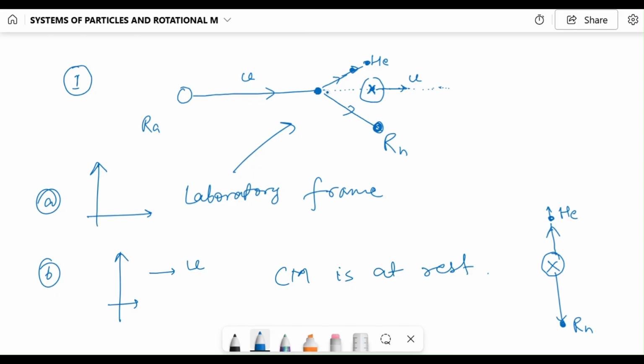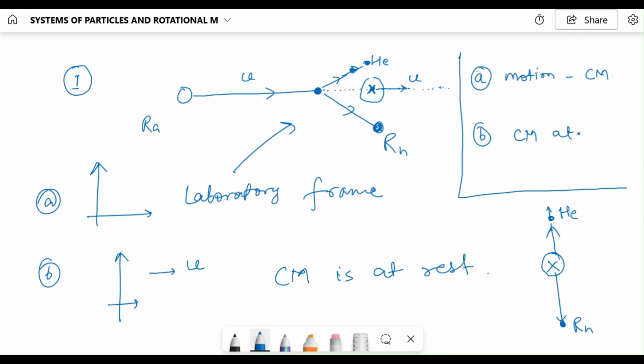So what we have done ultimately, this entire complicated motion, we have just separated into two different parts. In the first part, we are observing the motion of the center of mass, and in the second case, we are observing the motion of the particles while taking the center of mass as reference, or a frame of reference with which this center of mass is at rest.